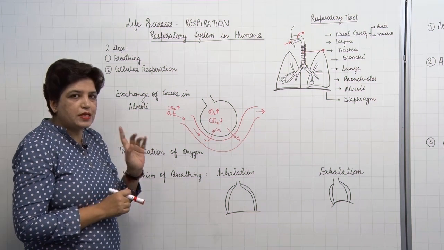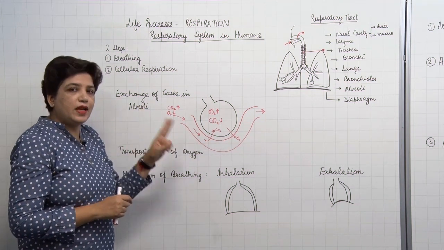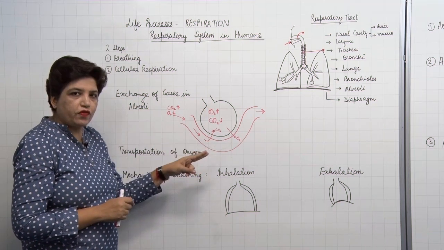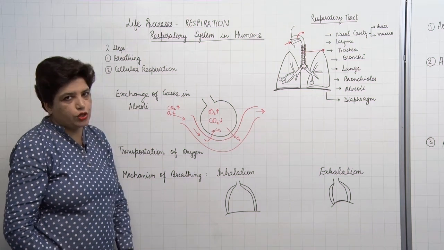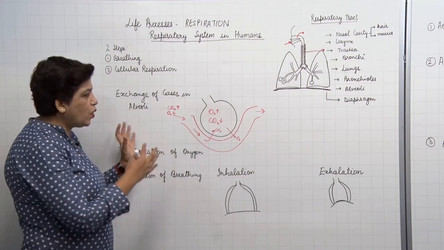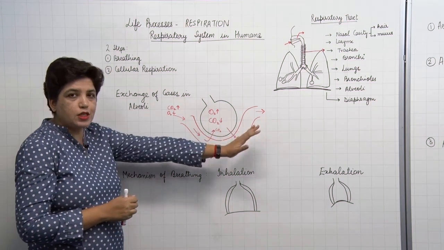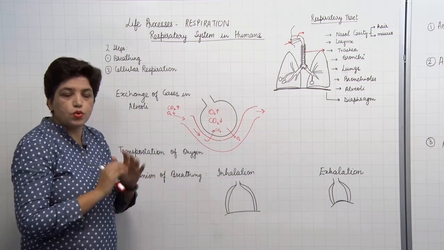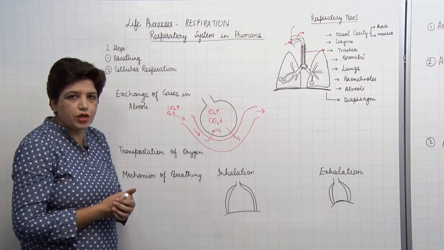So, three properties of alveoli are: they have a large surface area, they are very thin-walled for easy exchange of gases, and thirdly, they are richly supplied with blood vessels. Now, what happens after this oxygen enters the blood? It has to be transported to all the body cells, to all body parts, for oxidation of food to release energy.